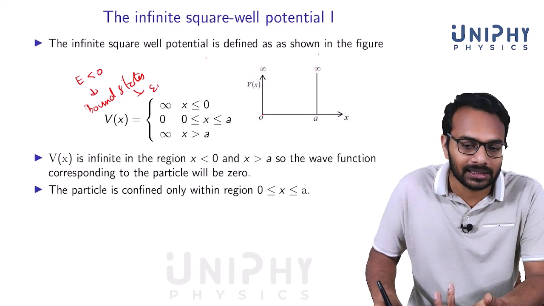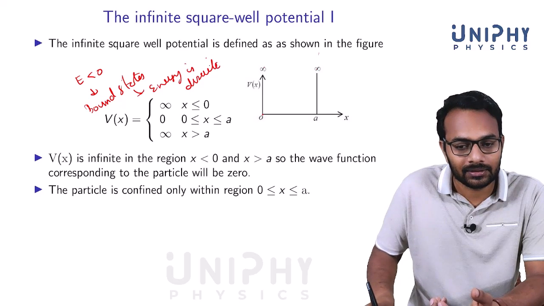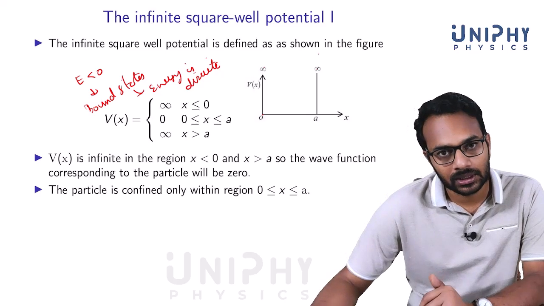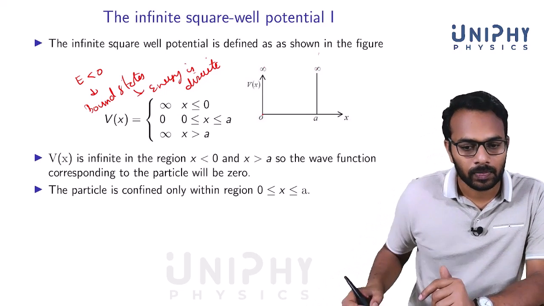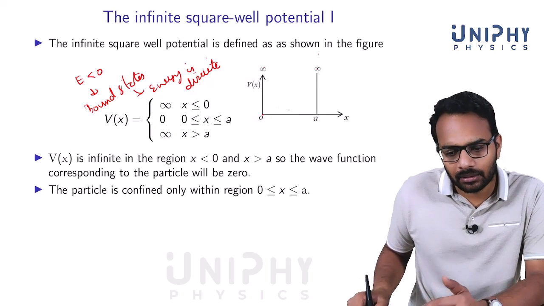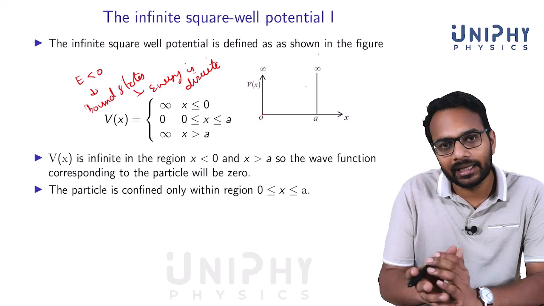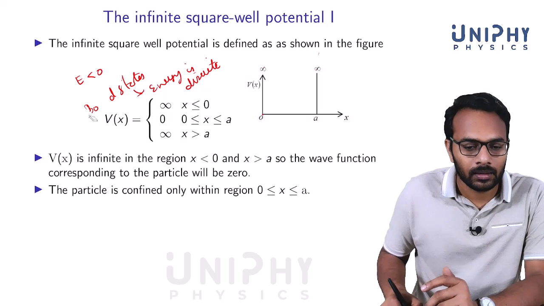The Schrodinger equation admits solutions only for certain values of energy, not all values of energy. We also said energy is quantized. Here the particle is confined within this region, so we expect that the eigenvalues, the energy, are quantized in this case.